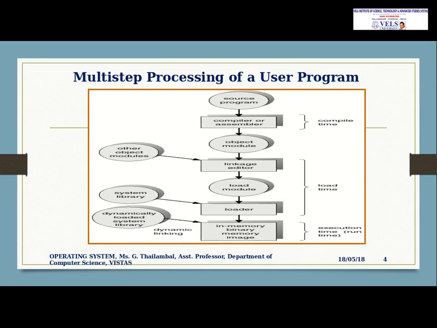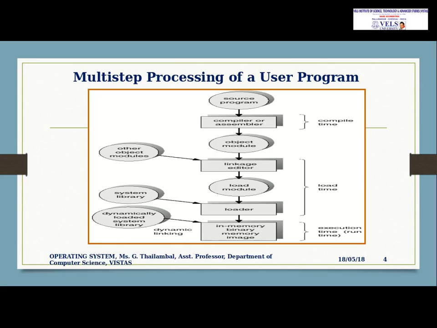So, at compile time, the main work is to convert the source program into an object program. After that, any linking files will be linked, and after linking, the module is loaded by the loader into the memory, and that happens in the load time.